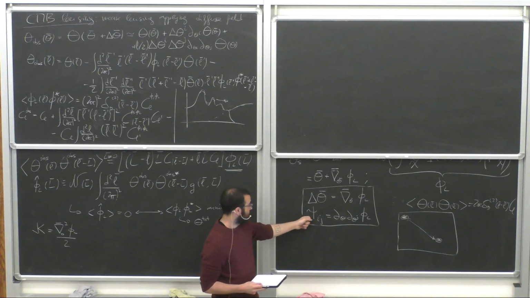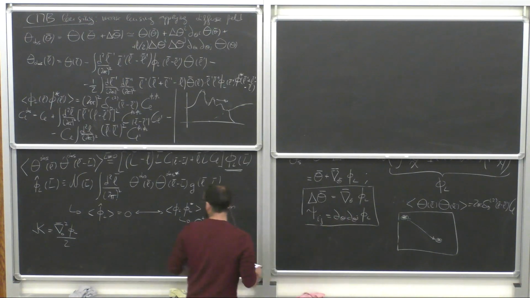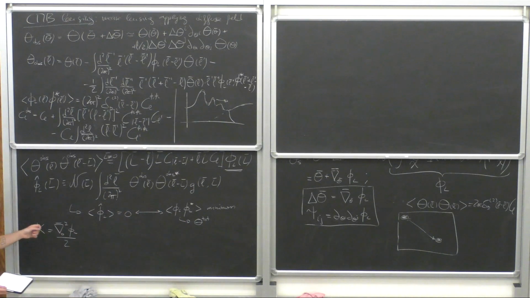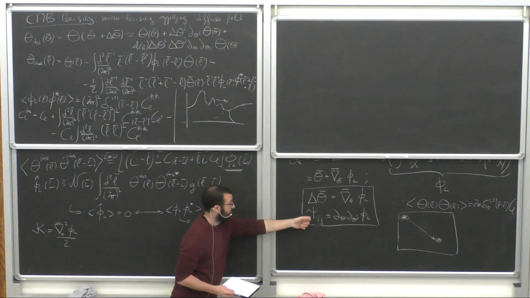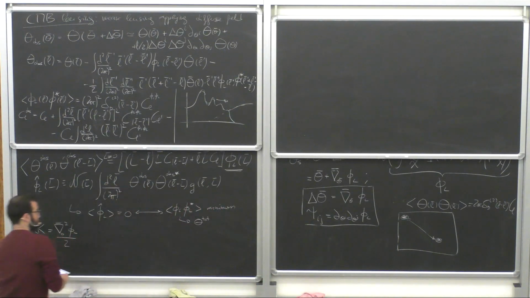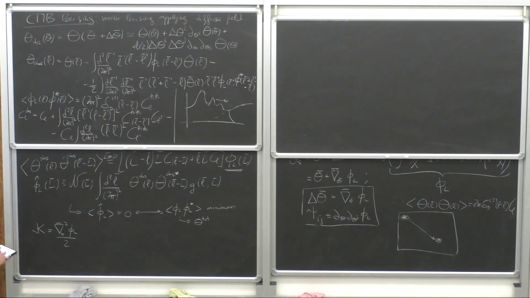Which is basically, if you take it from here, some of the elements that appear on the trace. This is half the trace of this factor, or the distortion tensor.